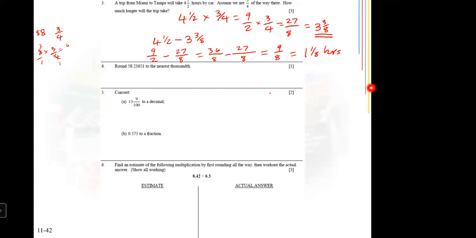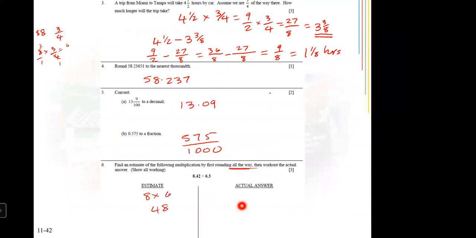Okay, the next one, straightforward, 58.237. The next one, 13.09. Next one, 575/1000. Okay, this one here, I guess we didn't do the whole thing, but basically it's supposed to be 8 times 6. 6 8s are 48.